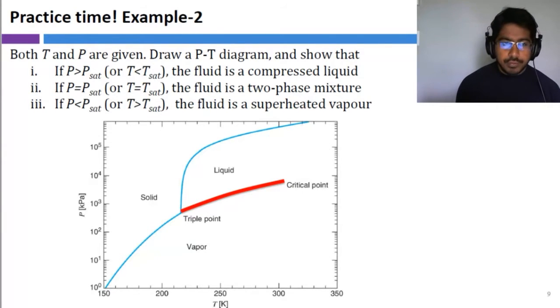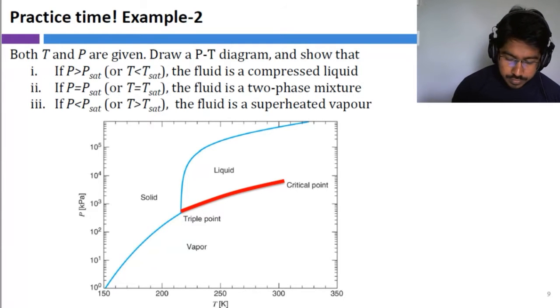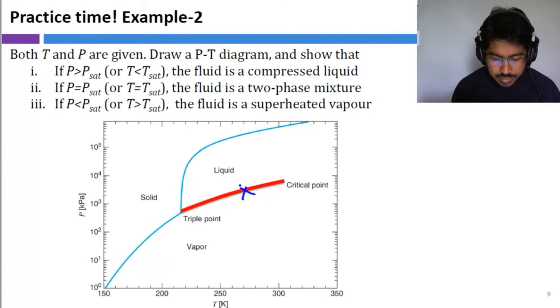If we want to mark the saturation pressure for a given temperature, then you have to mark it like this, on the line, right? And it's here.